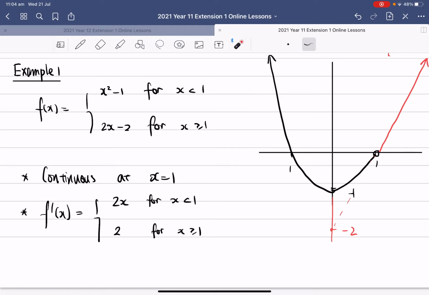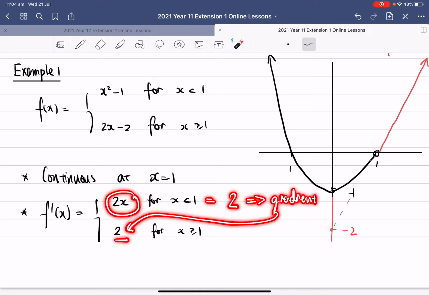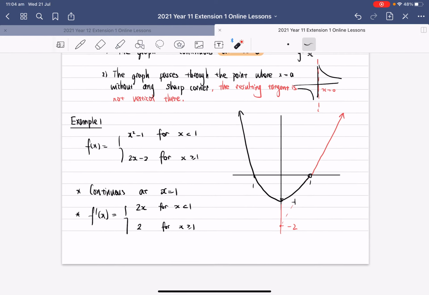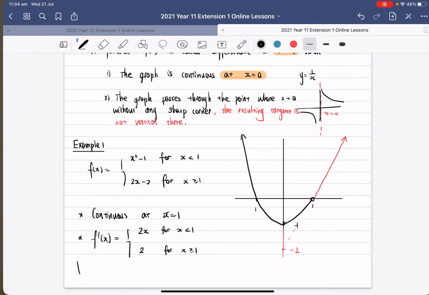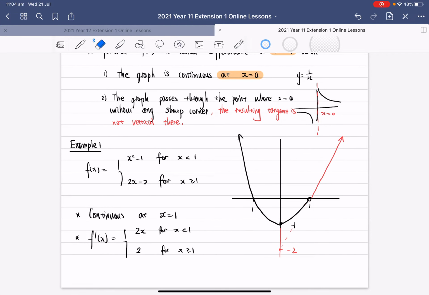As you can see here, if we substitute x equals 1 into here, the derivative is still equal to 2, which tells you the gradient is equal to 2, and that is consistent with the gradient here. So that tells you the function is smooth and differentiable at x equals 1.